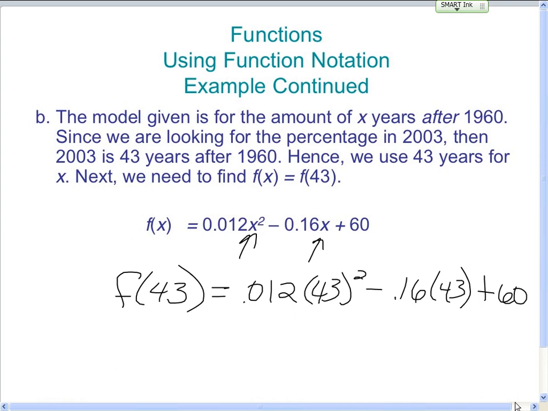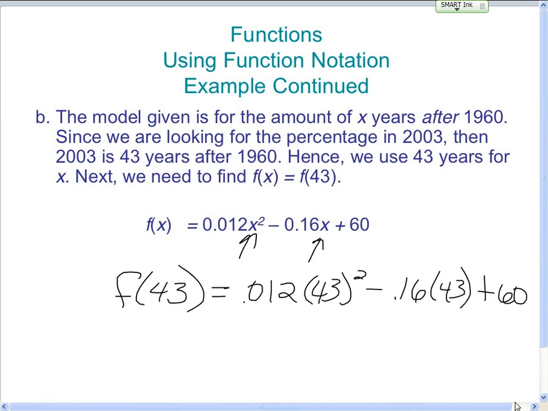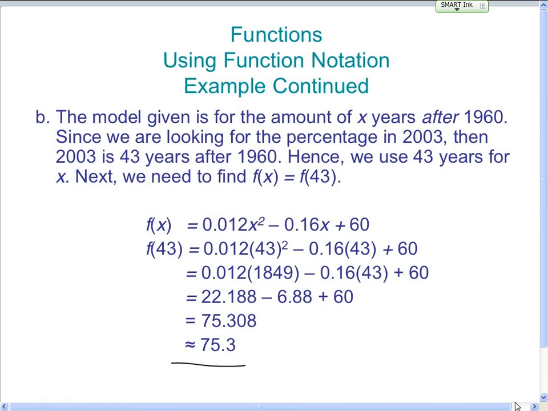This is a calculator question. I'm not going to do this in my head, and since the file actually has it already calculated, I'm just going to go ahead and skip to the next page. But you would square first, then multiply, then add or subtract. When you do that, the calculator will give you something like this, but remember it says round to the nearest tenth of a percent.